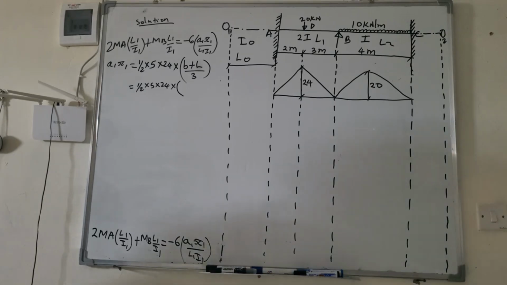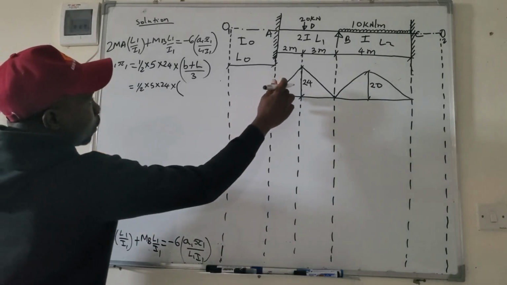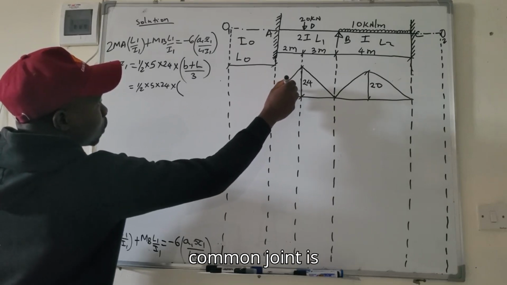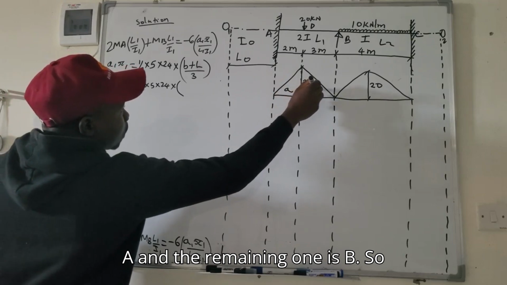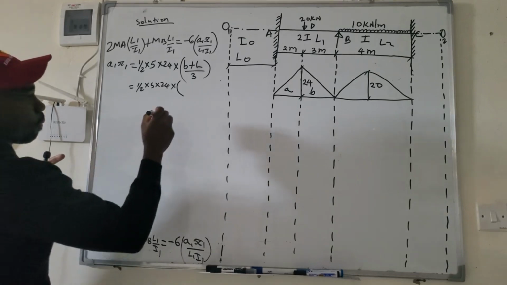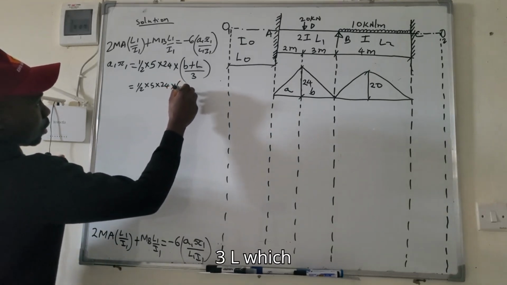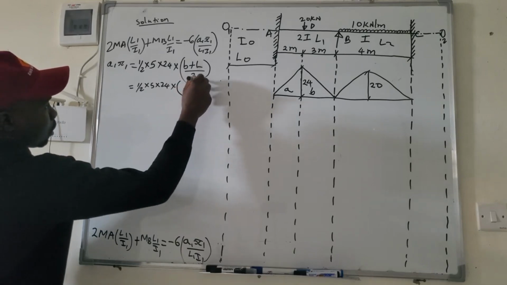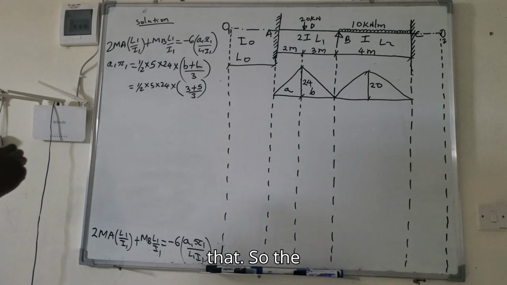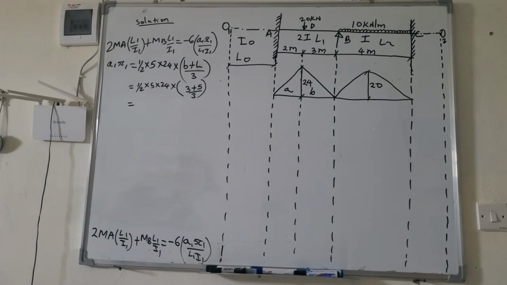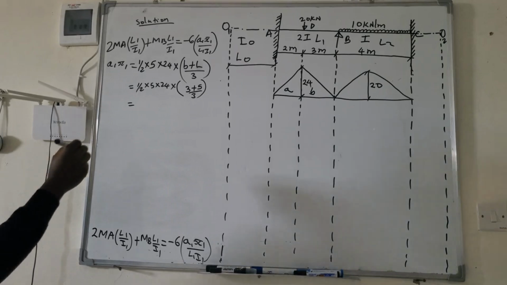So the section which is so close to a common joint is A, and the remaining one is B. So our B will be 3 plus L, which is 5, over 3, like that. So the answer will be 160.